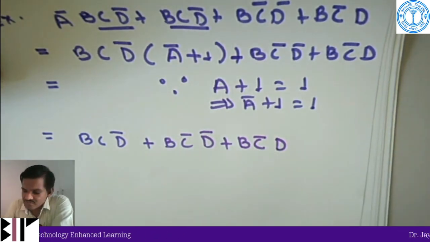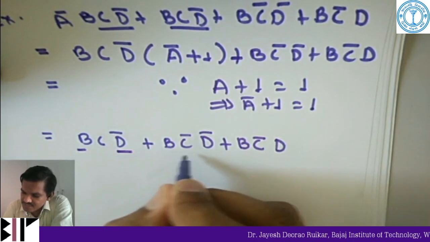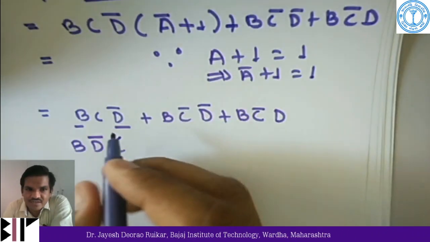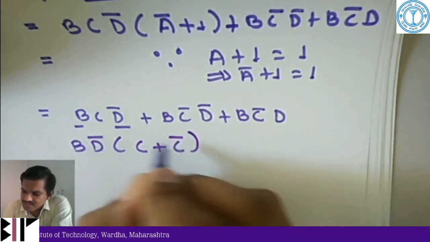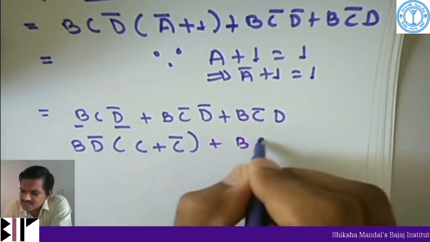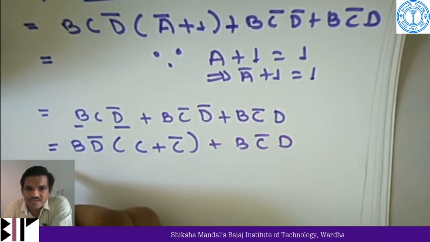Now from these two terms we will take b d bar as common. So what is left? C plus c bar. From one term c is left, from the other c bar is left, plus the remaining term as it is, b c bar d.